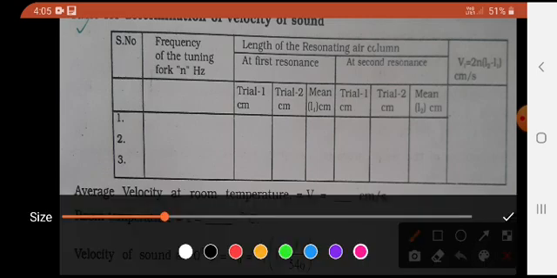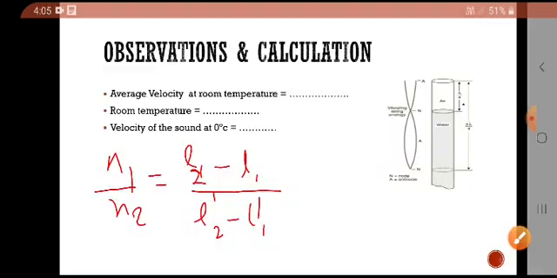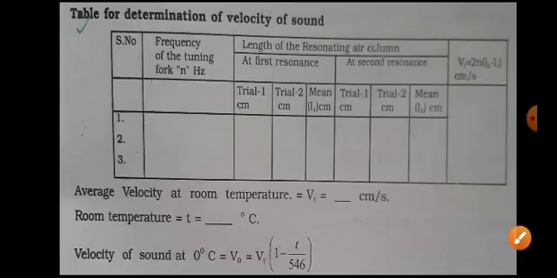Now perform the same experiment two times. You will hear a booming sound. Take note of it as L1, repeat the experiment, take the first length a second time, and take the average of these two.